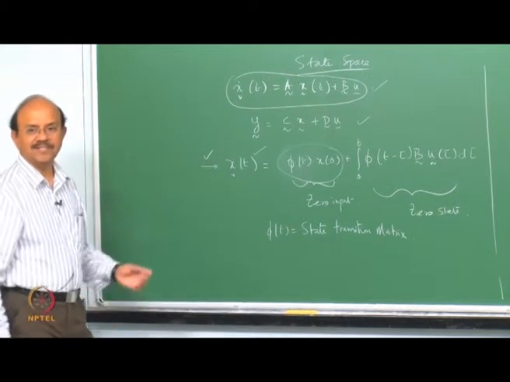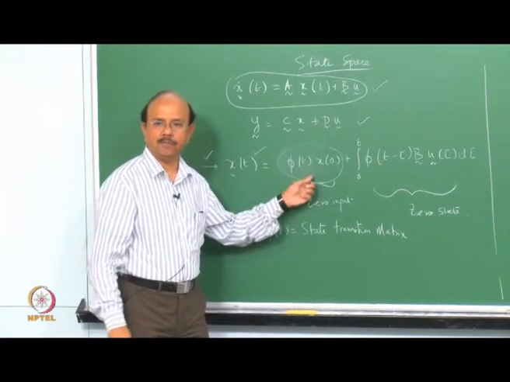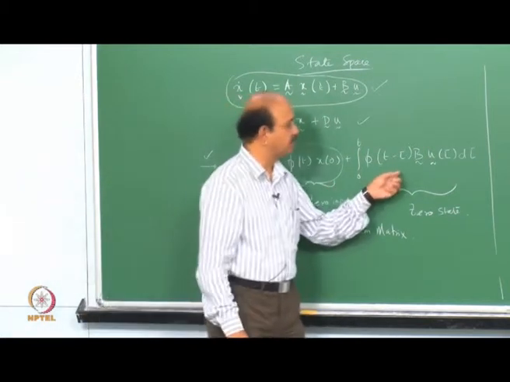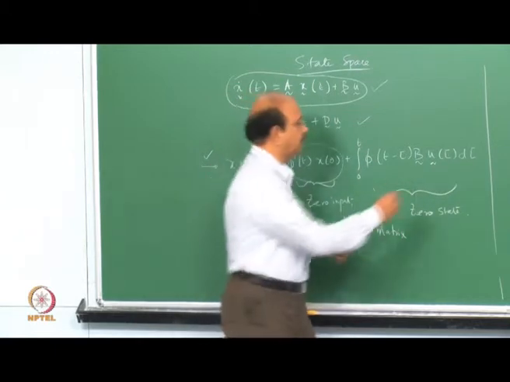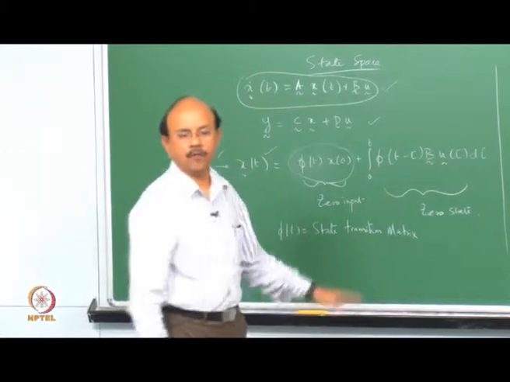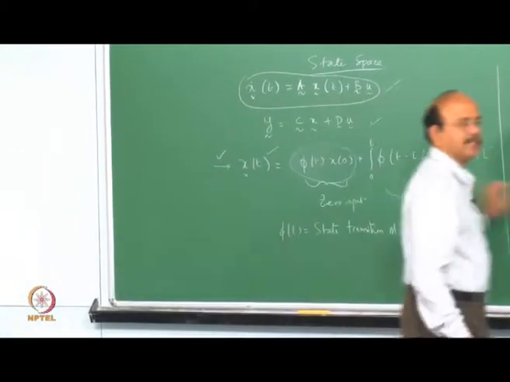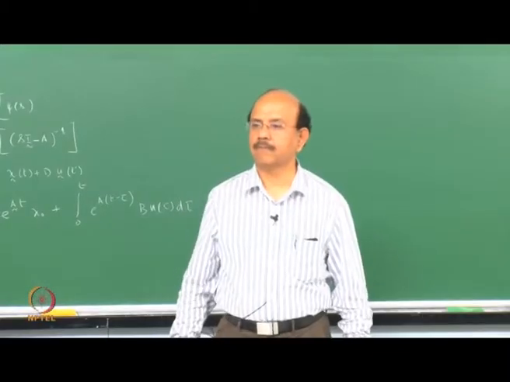In other words, this is purely because of the initial condition. And this is the 0 state term. In other words, this is due to the input u. So the response consists of the initial as well as the input conditions.